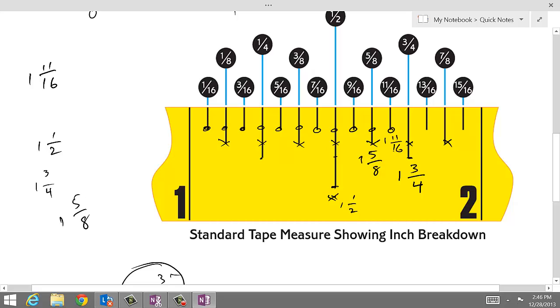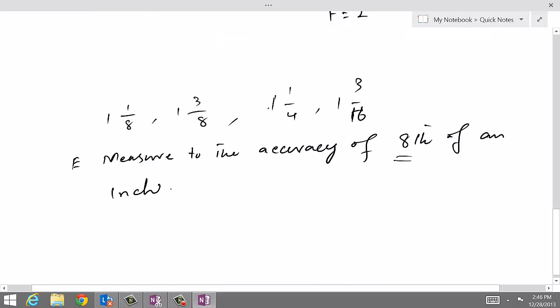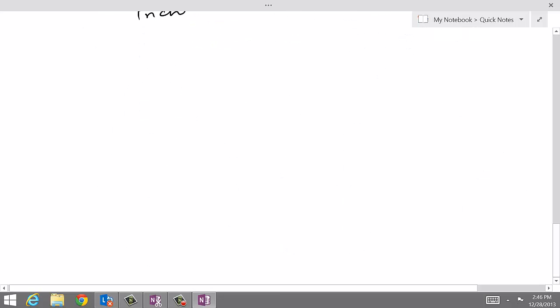And if we were to find 1 whole 27 over 32, then we should further divide this into 32 equal parts, which I am making right here. And out of these divisions we are going to take 27, and then mark that point as 1 whole 27 over 32.